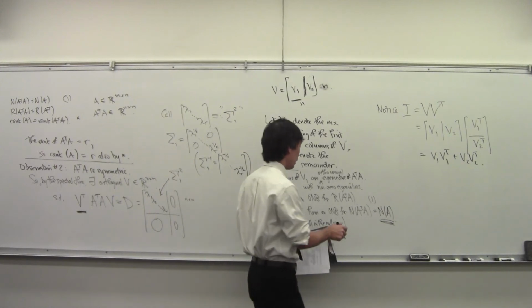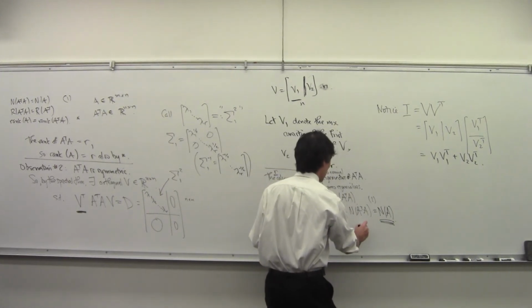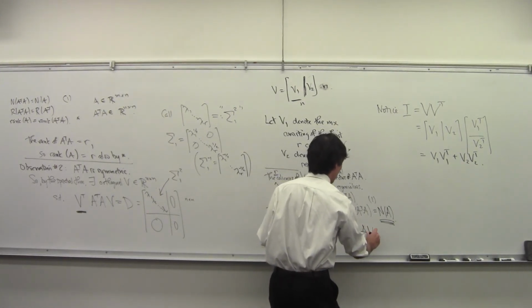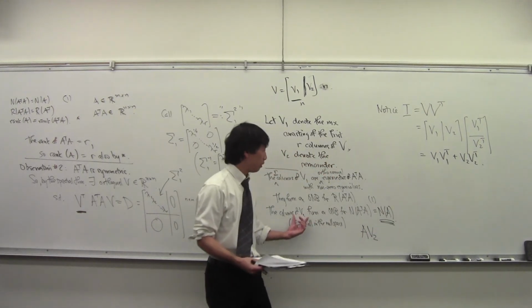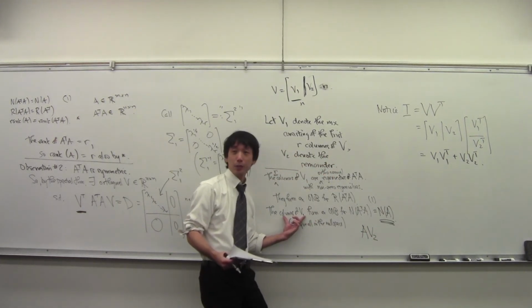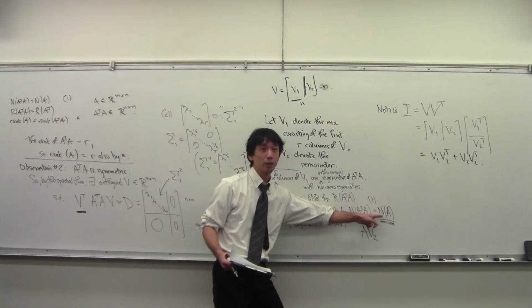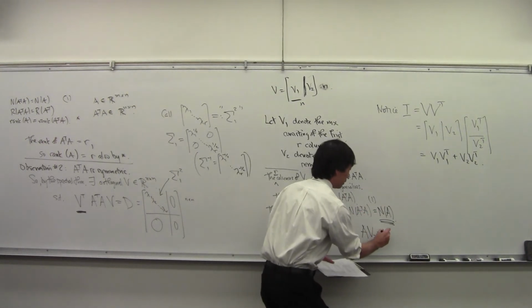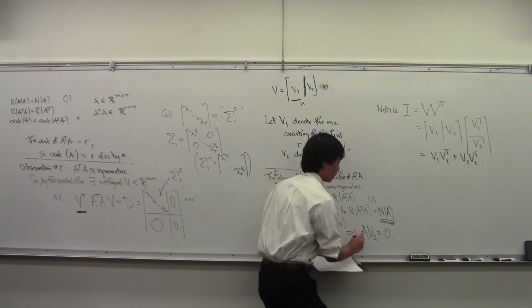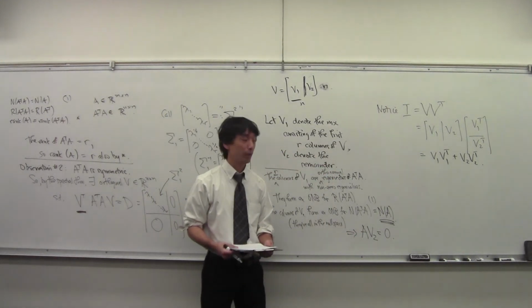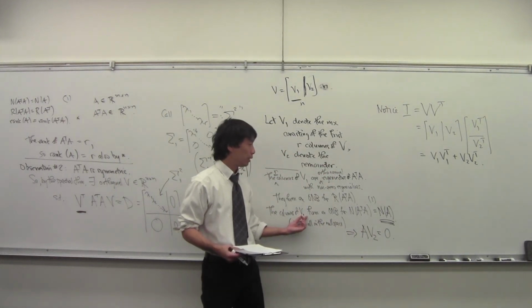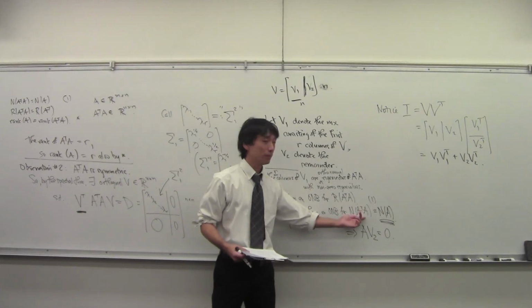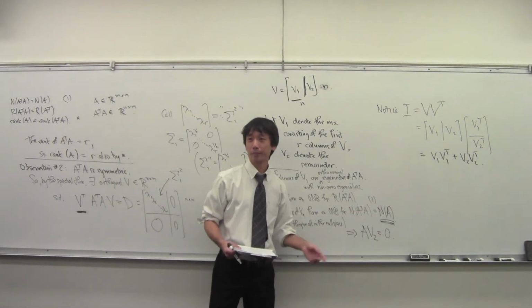So what this tells us is that if you take A V2, well, all the columns are going to get killed by A. So you get 0. A V2 is 0, because these guys are a basis for the null space of A.